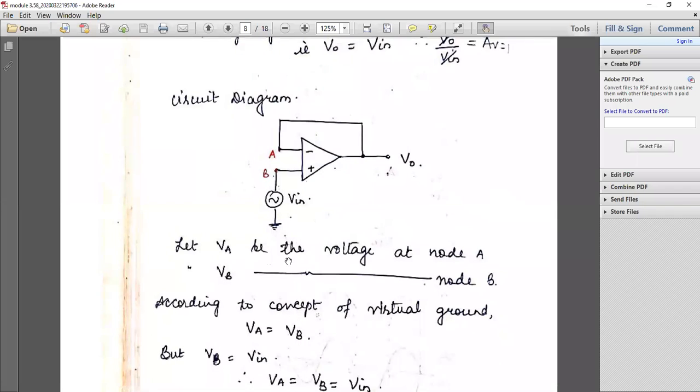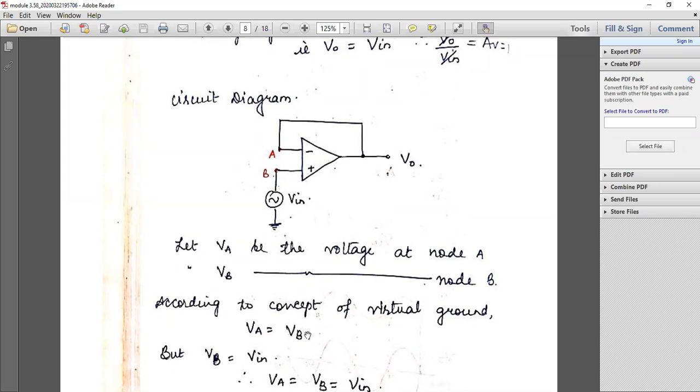Let VA be the node voltage appearing at A, and VB be the node voltage appearing at B. According to the concept of virtual ground, I can say that VA equal to VB.